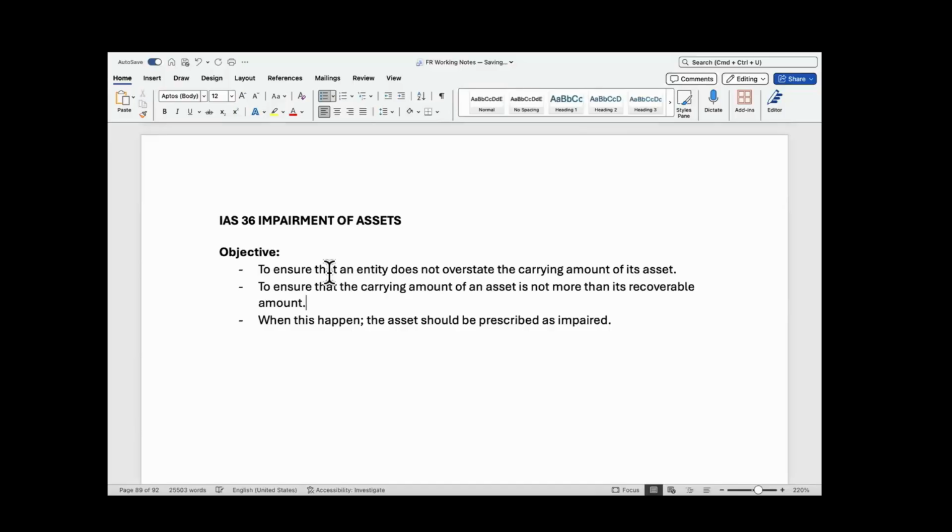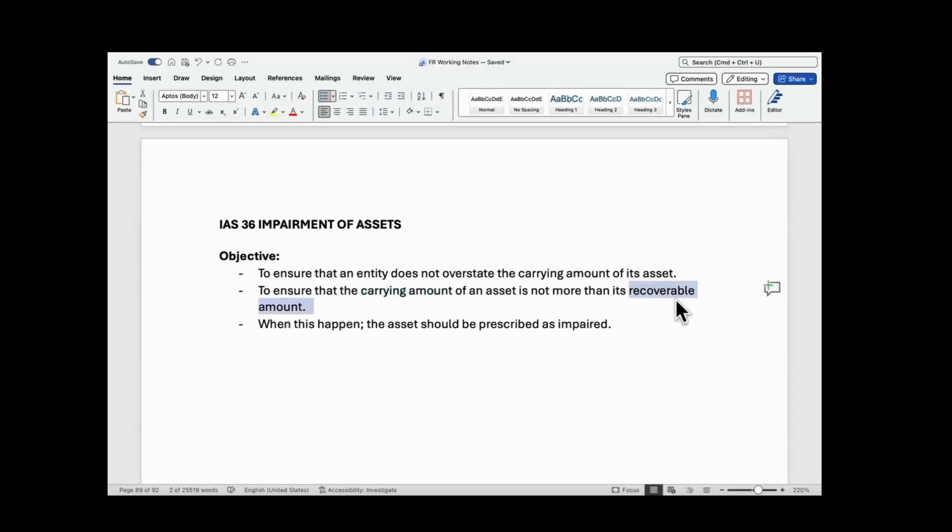That's what IAS 36 wants to look at majorly: don't overstate the carrying amount of your assets. And what do we mean by don't overstate? It's just ensuring that the carrying amount is never more than the recoverable amount. If that happens, then you'd describe the asset as impaired. So there are things I really need to clarify. One is, which asset are we talking about? Because assets are plenty. So, the scope of this standard.